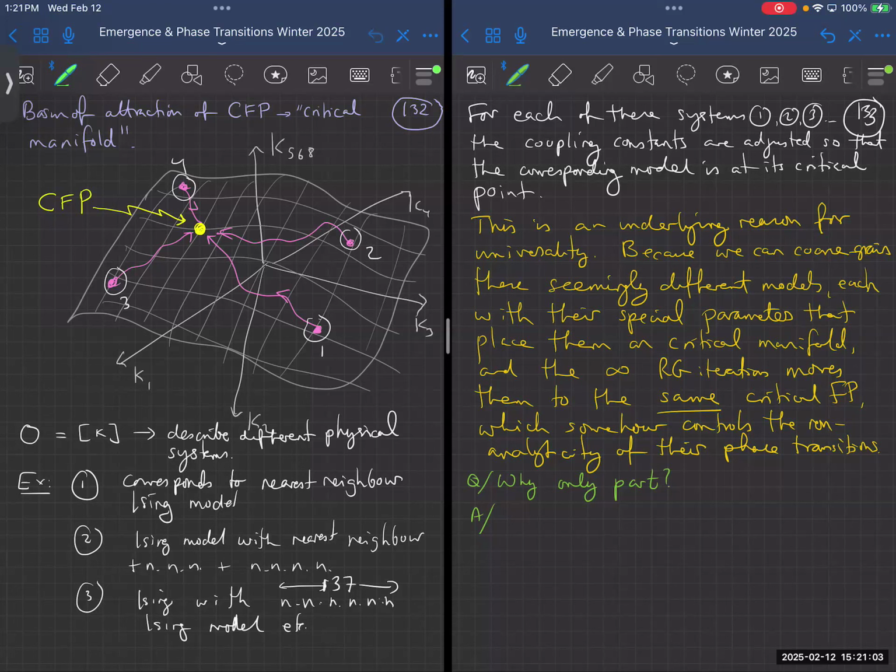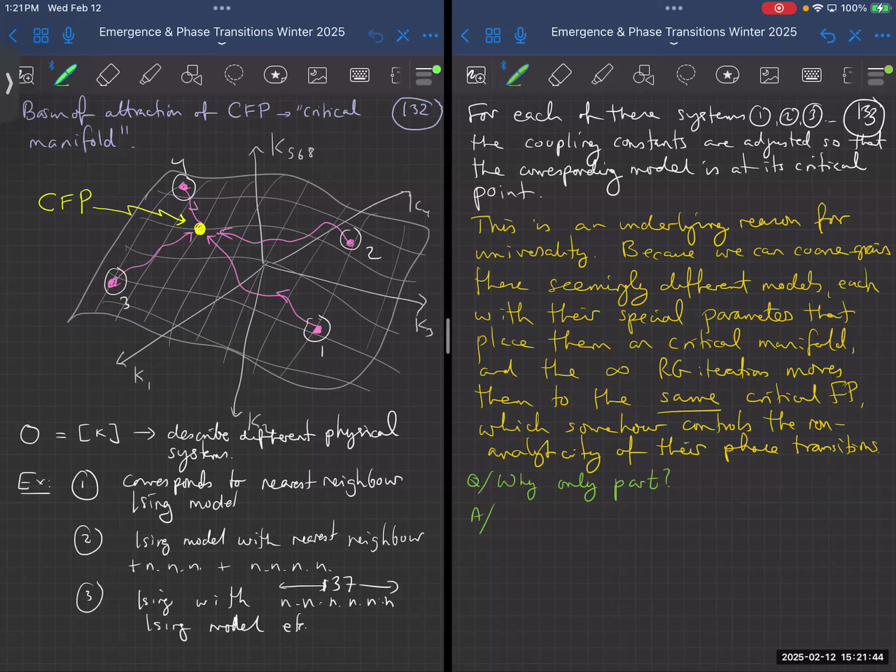Well, we do, because we started off by saying all of these particular coupling constant values lie on the critical manifold. So there is a basin of attraction for this critical fixed point. And so if I choose systems that lie on that basin of attraction, they all may be very different physical systems, nearest neighbor Ising model, 137th nearest neighbor Ising model, with different values of the parameters, they all, we've said by assumption, after the renormalization group transformation, flow to the same critical fixed point.